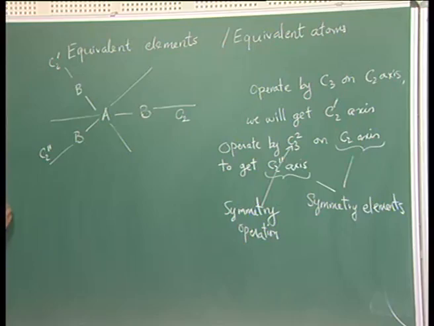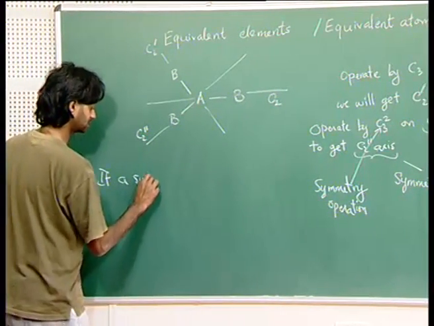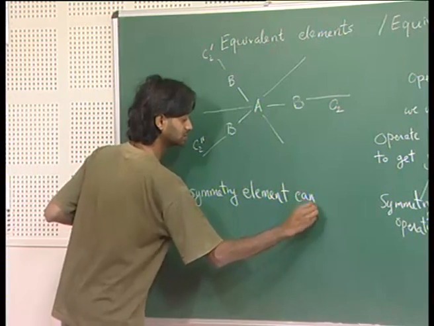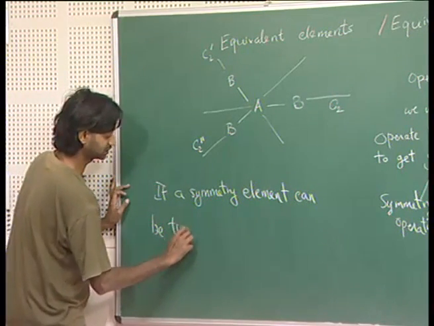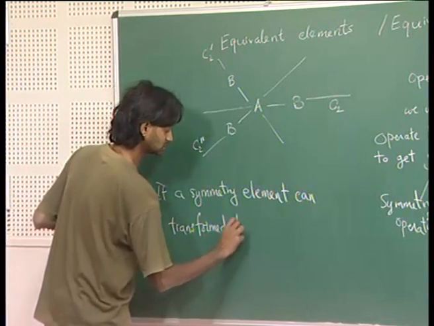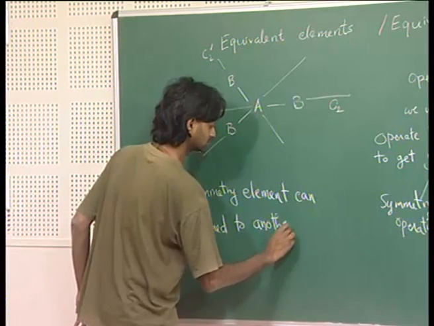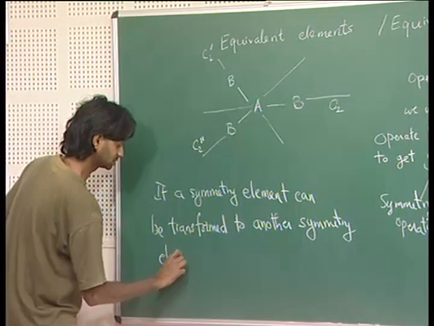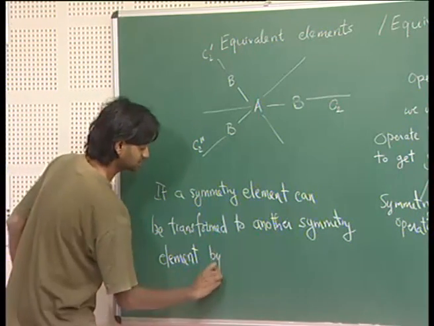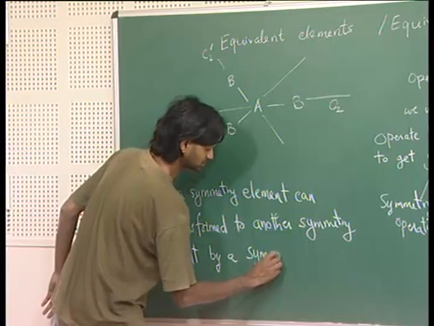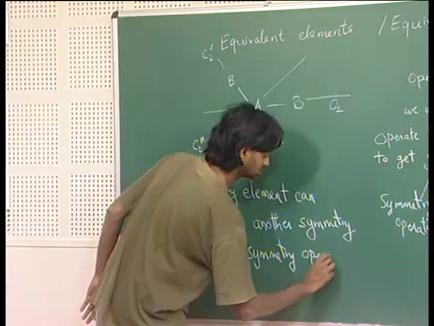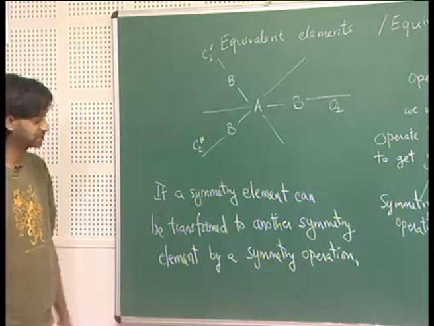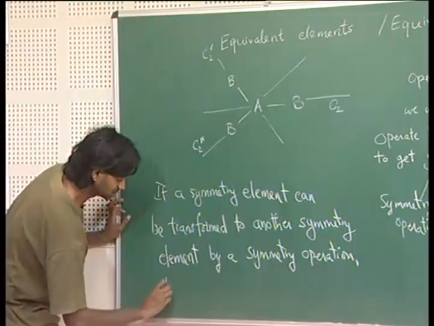Then if a symmetry element can be transformed to another symmetry element by a symmetry operation, okay, so if a symmetry element can be transformed to another symmetry element by a symmetry operation, then the two elements are said to be equivalent.